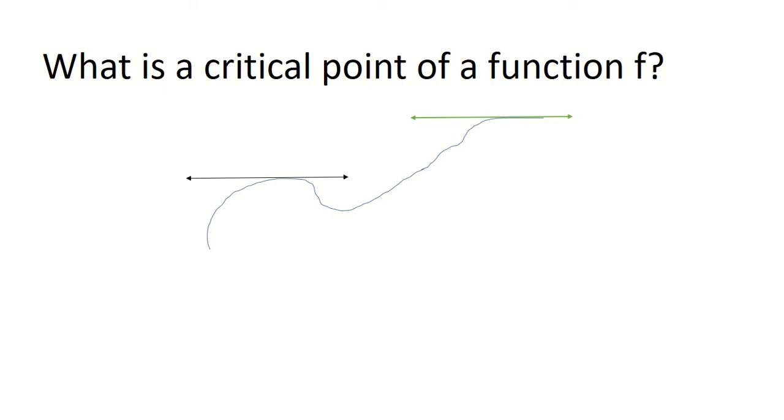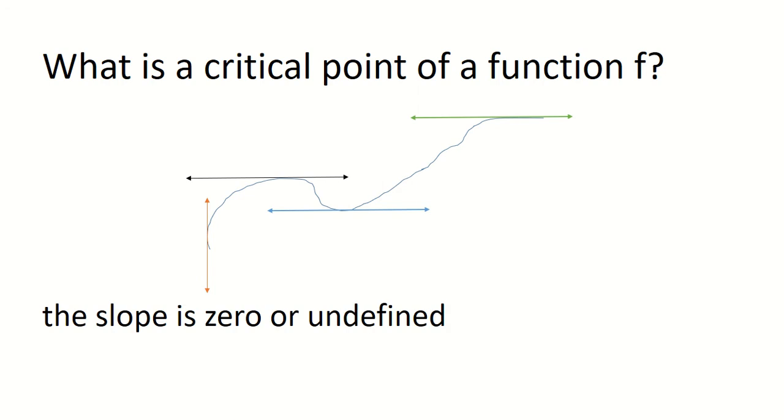Or it could be that point. Or it could be that point. Or it could be that point. Basta kay tangent line. So, ang critical point is either minimum, maximum, or not. It could be an extremum. So our focus is the critical point to which will give an extremum when the slope is 0 or undefined.